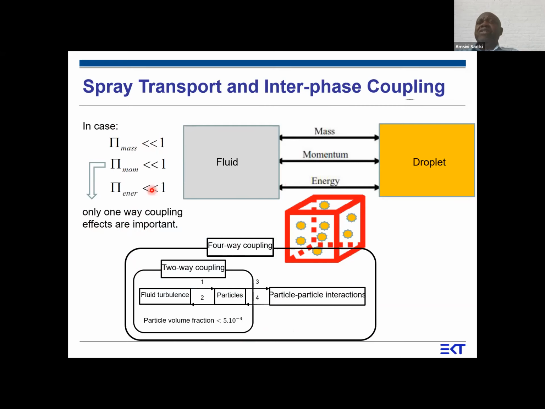And if it is not very small, we can have what I said before: the four-way coupling, the two-way coupling, or one-way coupling. We could quantify this by including the particle volume fraction, or also the ratio of the interparticle spacing divided by the size of the particle.